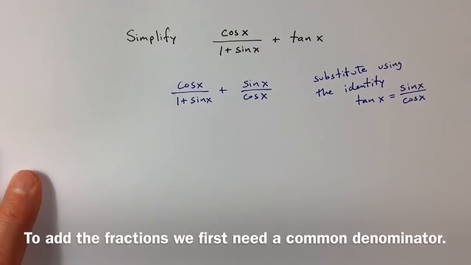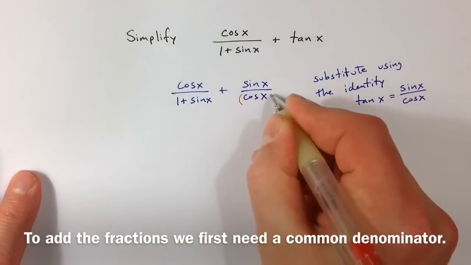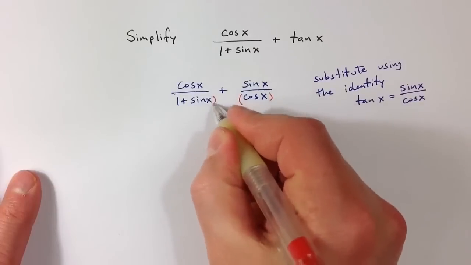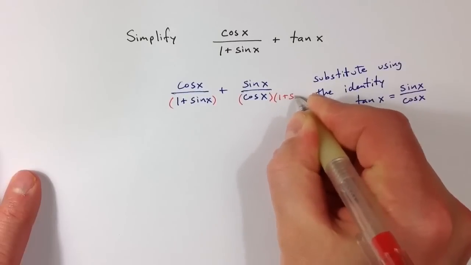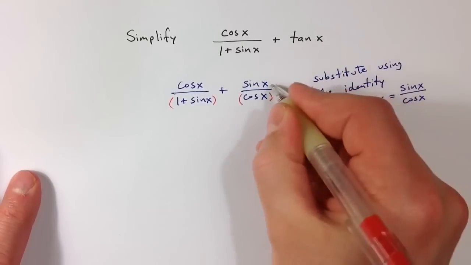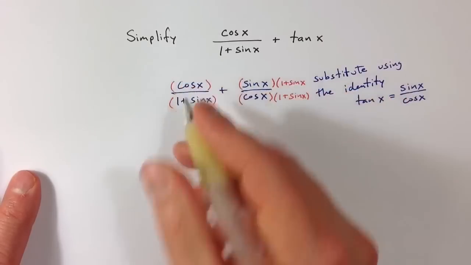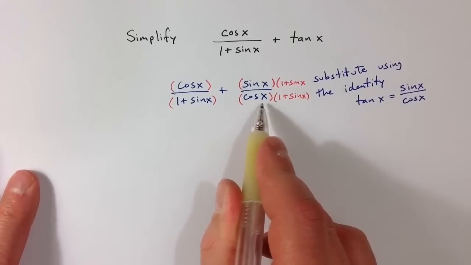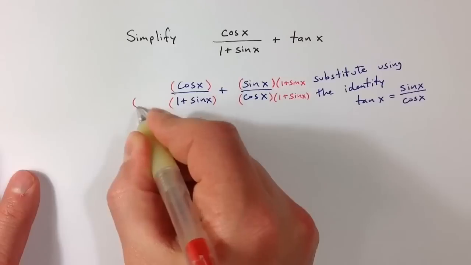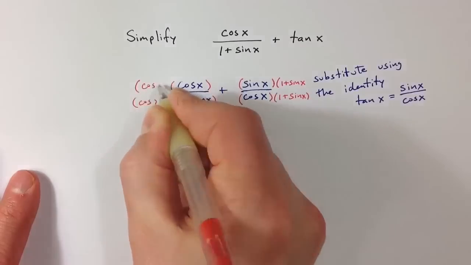I can put them together by multiplying to create a common denominator. So in the second fraction, I want to multiply by the denominator of the first. So I can multiply this by 1 plus sine of x. But then I also want to multiply the top by that same thing. Over here, I want to multiply this side by the denominator of the second fraction. So I'm going to multiply the bottom by cosine of x, and I'm going to multiply the top by the same thing.